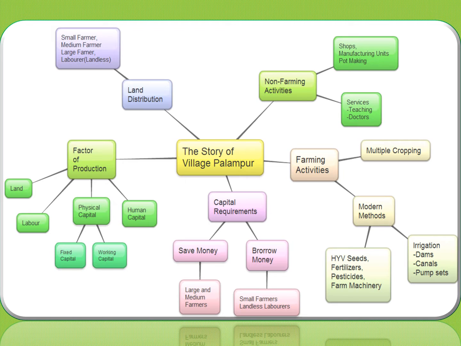Now, I would like you to quickly make this kind of a mind map in your notebook. I wish you to use a fresh right-hand page, keep the book standing, and give it a heading: the story of the village Palampur.